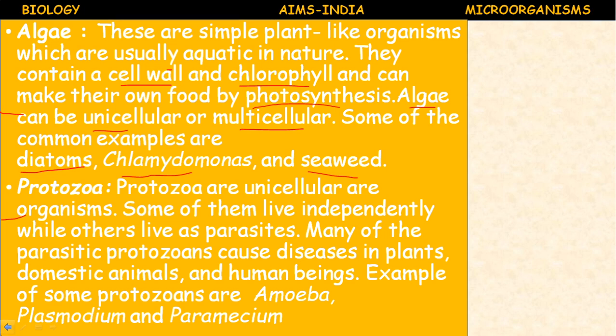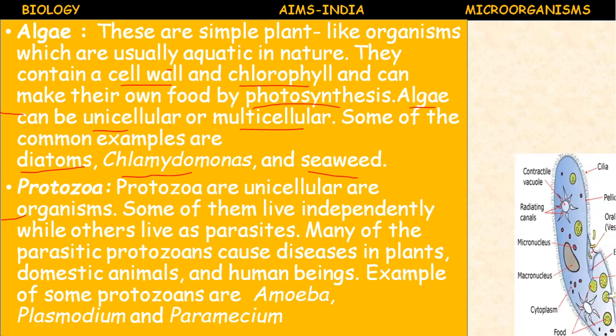Protozoans are unicellular organisms. They may live independently, or they may live as parasites and cause diseases in plants and animals also. Some of them live in fresh water, like amoeba, the simplest protozoan.